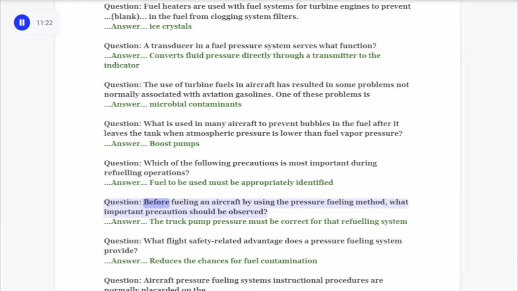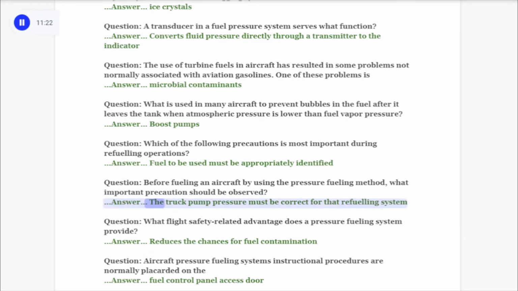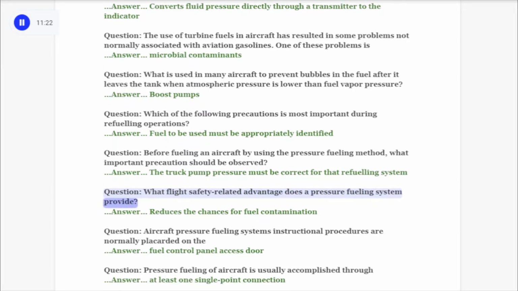Question: before fueling an aircraft by using the pressure fueling method, what important precaution should be observed? Answer: the truck pump pressure must be correct for that refueling system. Question: what flight safety-related advantage does a pressure fueling system provide?